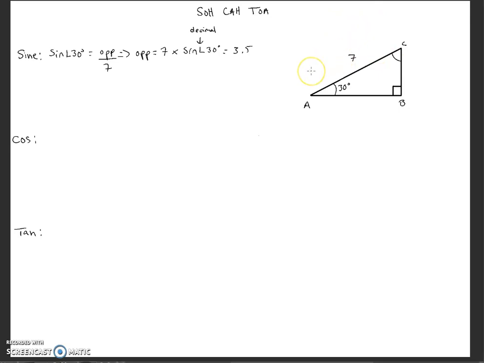So if we take 30 degrees, 7 as hypotenuse, let's see what we got. We got 30 degrees, we got 7, so that sort of limits us. We're going to have to solve for the hypotenuse here.